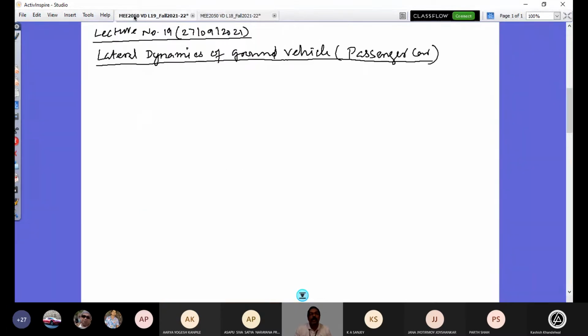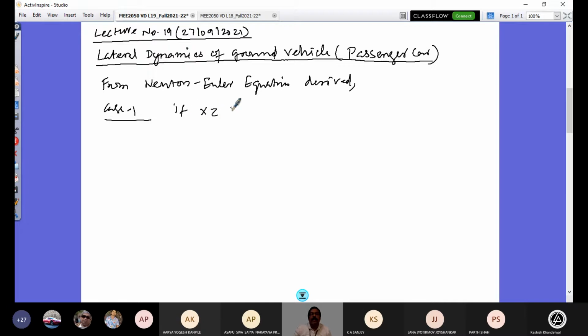So from the Newton-Euler equation derived, Case 1, what I'm going to consider is if the XZ plane is a plane of symmetry, like an aircraft, right?